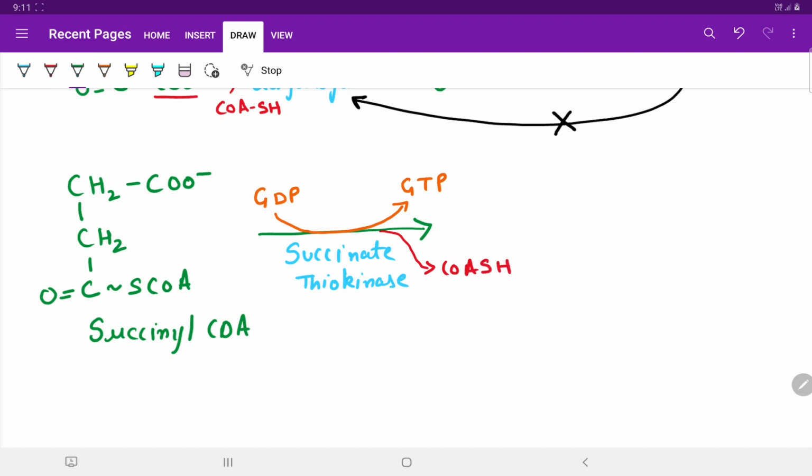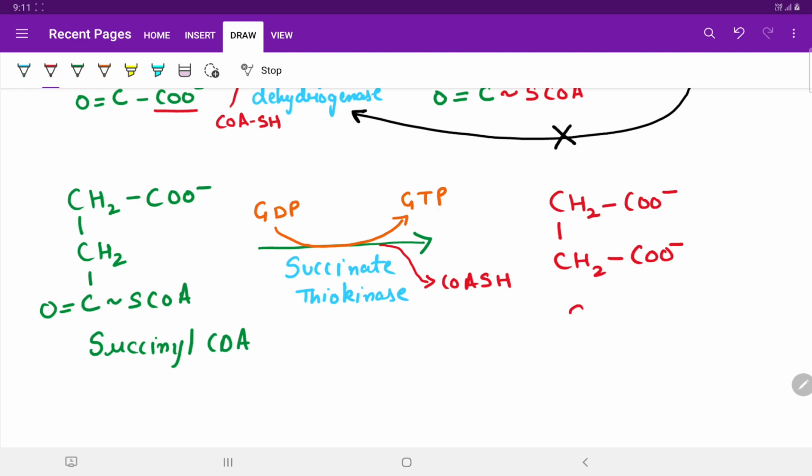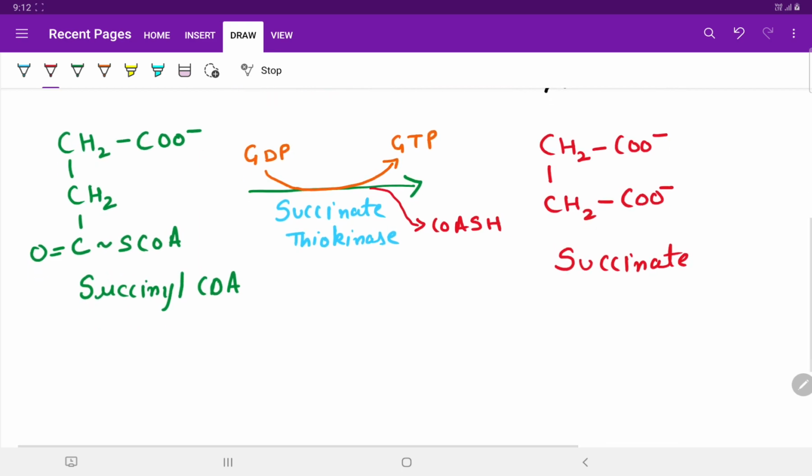So now let us draw the structure for succinate. Now this is the structure for succinate molecule. This is the structure for succinate.